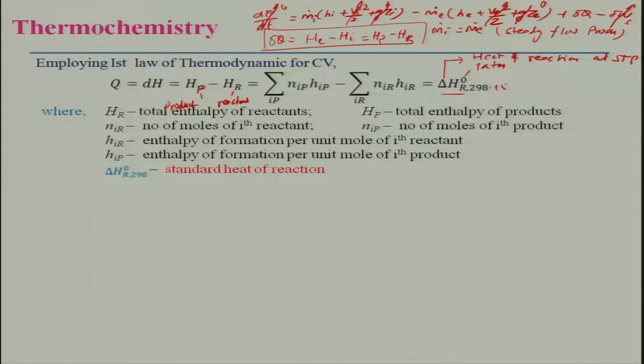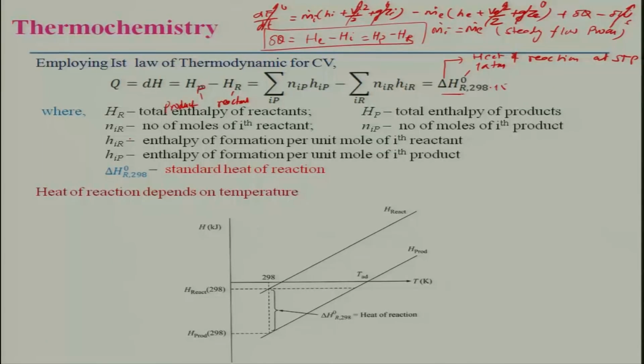And keep in mind that we have taken only oxidizer, not air, so nitrogen won't come into the picture. HIR is the enthalpy of formation of a unit mole of the ith reactant, and HIP is the enthalpy of formation of a unit mole of the ith product, and this I, as I told you, depends on the participating species in the reactant and also the product. So the heat of reaction basically depends on the temperature, right, isn't it?